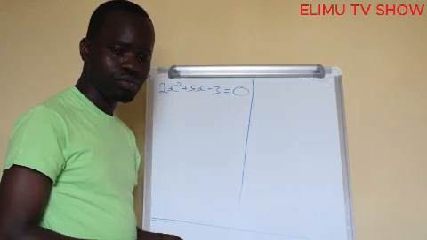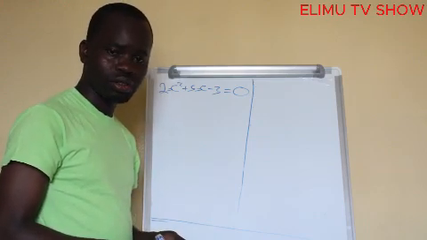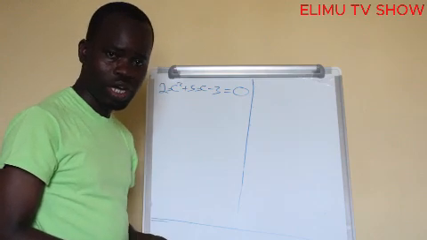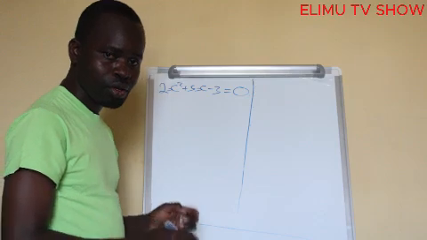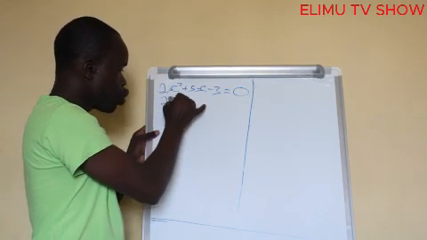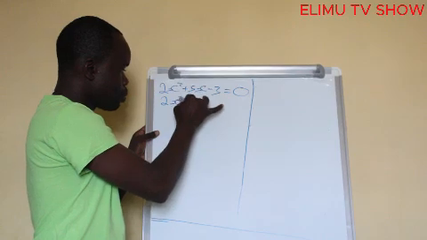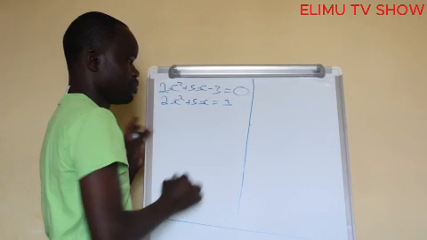The first thing, we are going to make sure that we take the constant to the other side of the equal sign. And our constant here is minus 3. So it's going to be 2x squared plus 5x is equal to 3.